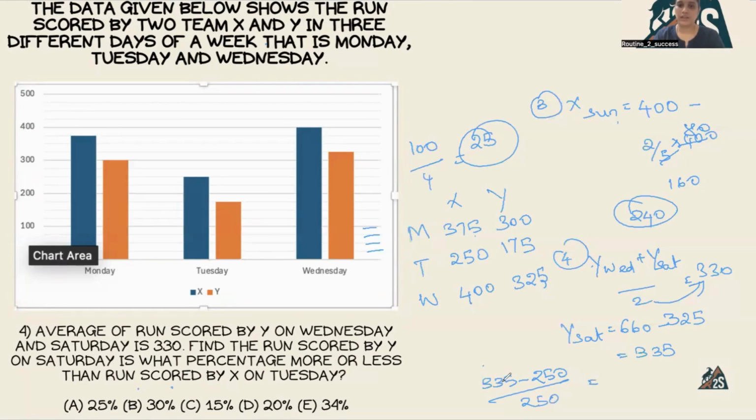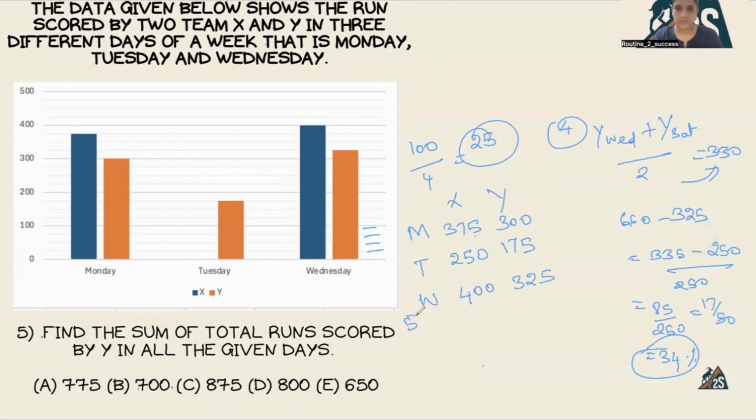So 85 by 250. When you cancel it out, you get 17 by 50, which is around 34%.